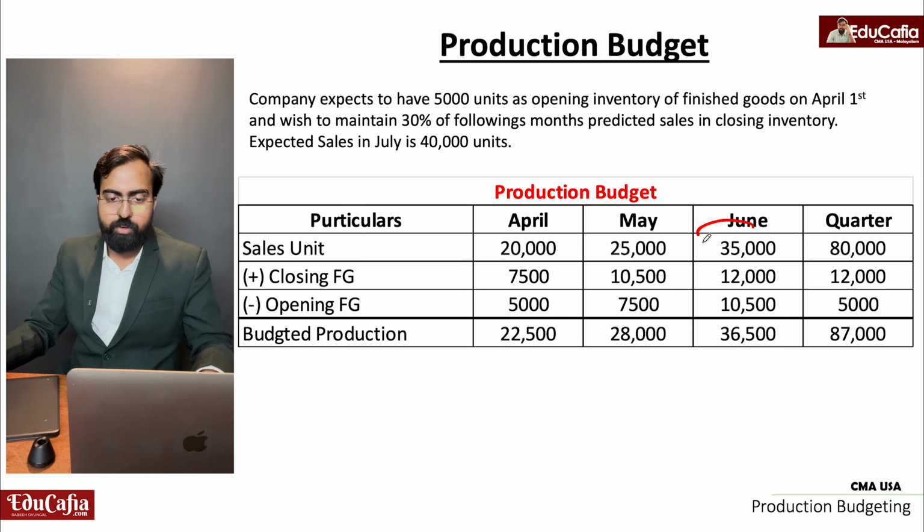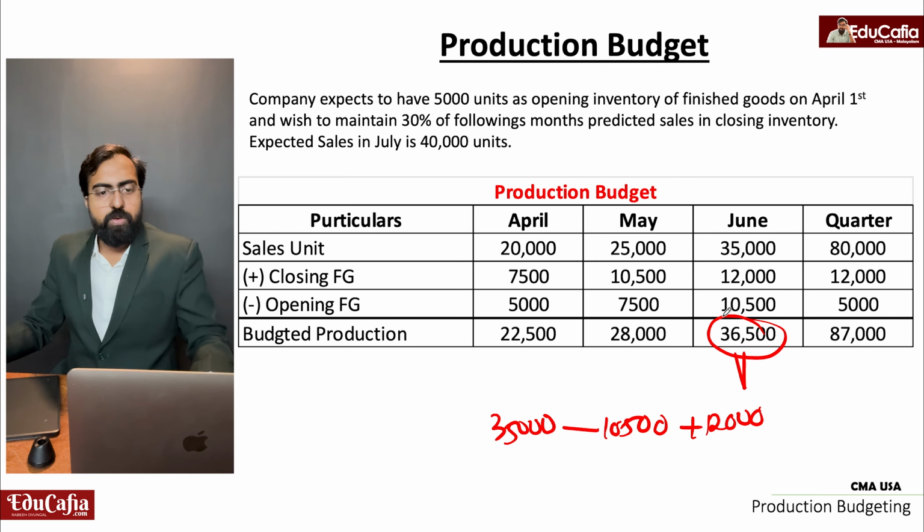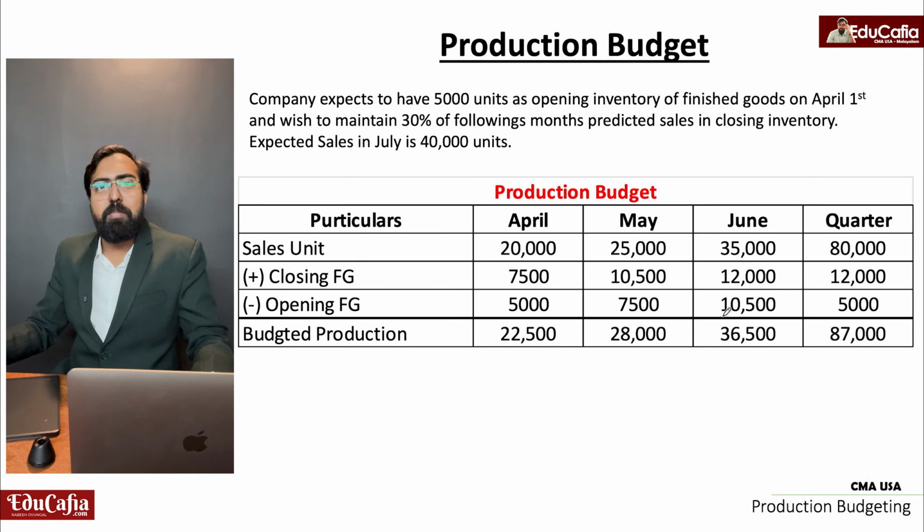Sorry, 12,000 is what I noted. So 35,000 minus 10,500 already there, no need to produce, and 12,000 extra I need to produce. That is equal to 36,500. So the production budget is completed.